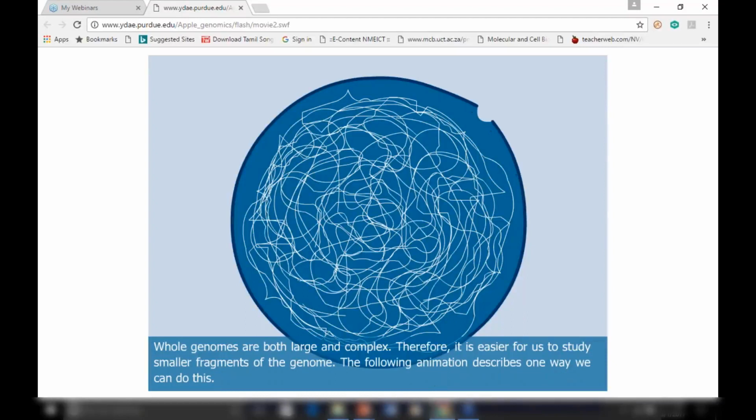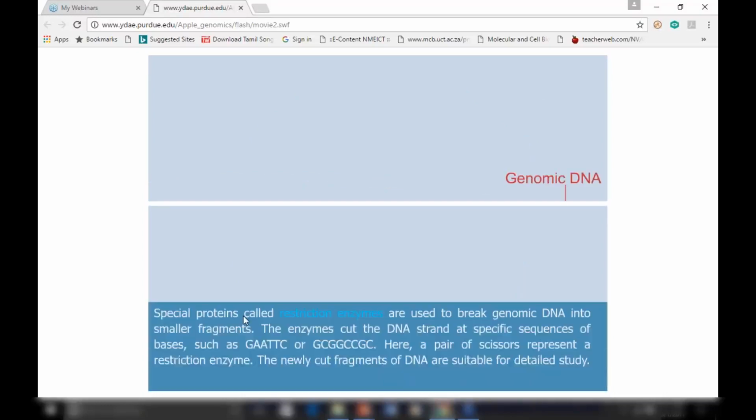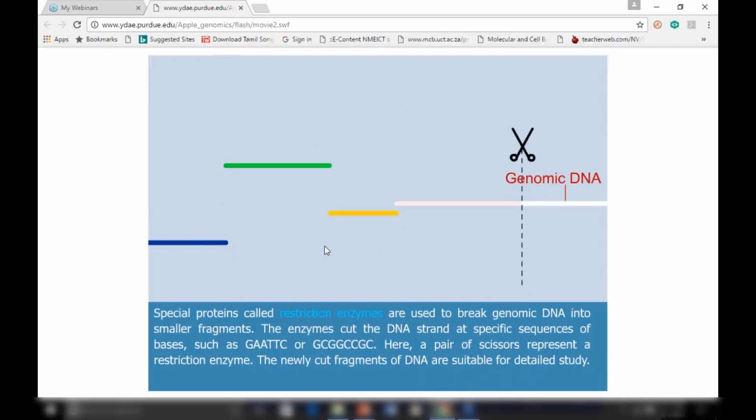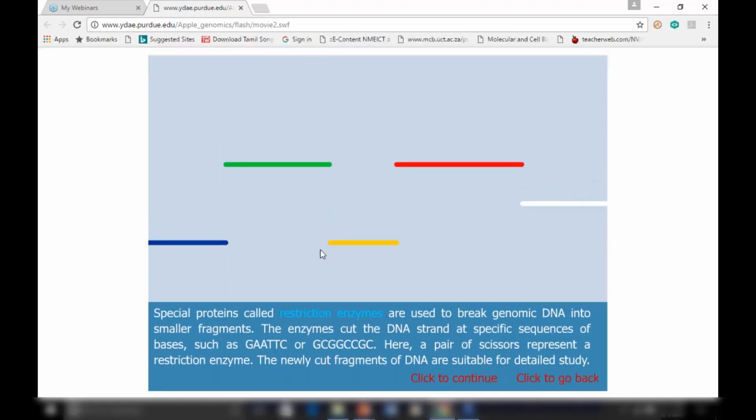So the whole genome is cut with a restriction enzyme in order to create small pieces of genomic DNA. We have already seen what a restriction enzyme is. So this is the role the restriction enzyme plays. It cuts into different size pieces.